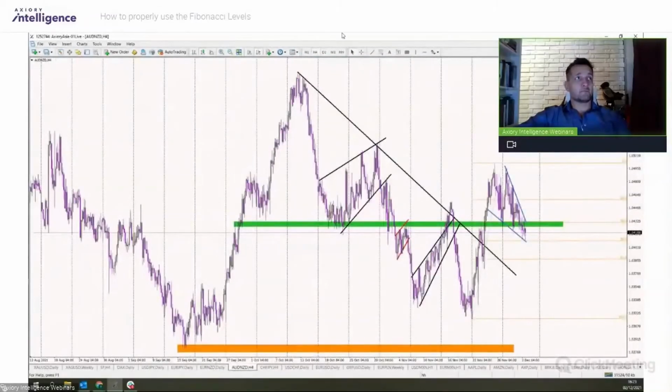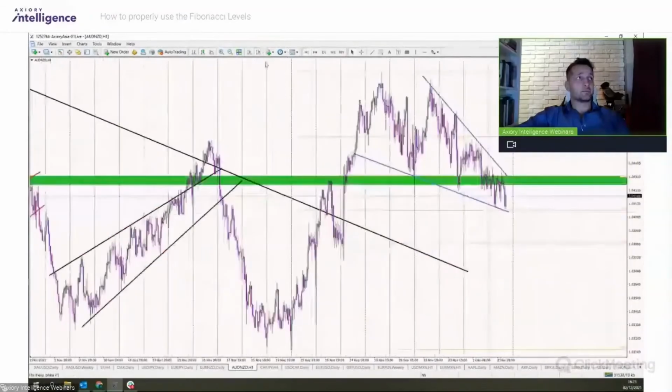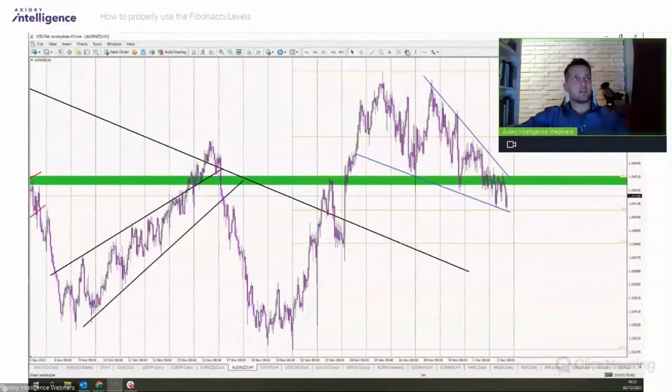This is nice. Australian dollar to New Zealand dollar. Uptrend and a correction starts here. 23.6, is it respected? Not really. 38.2, is it respected? Oh yes. Bounce here, bounce here. Broken resistance is a support, broken support is a resistance here.